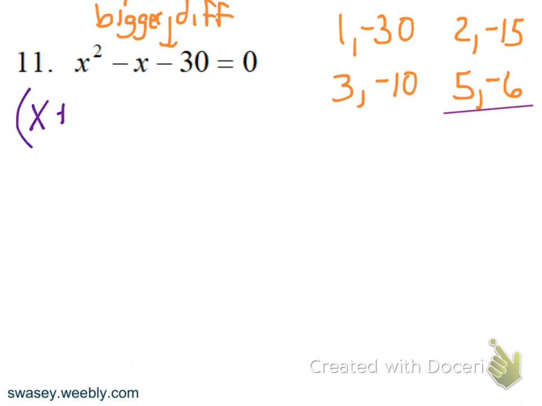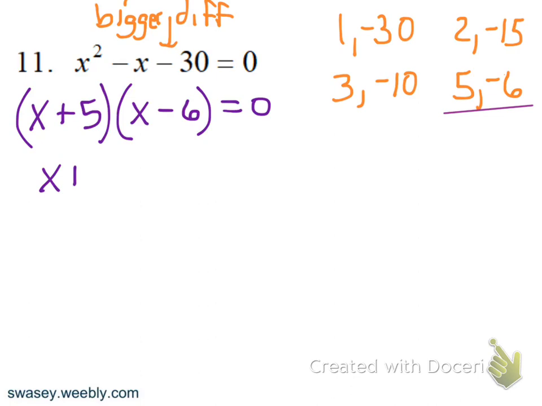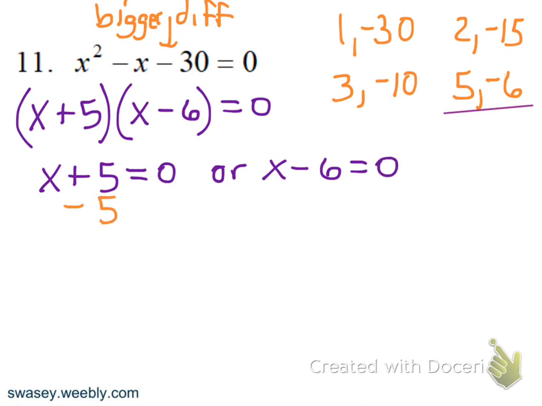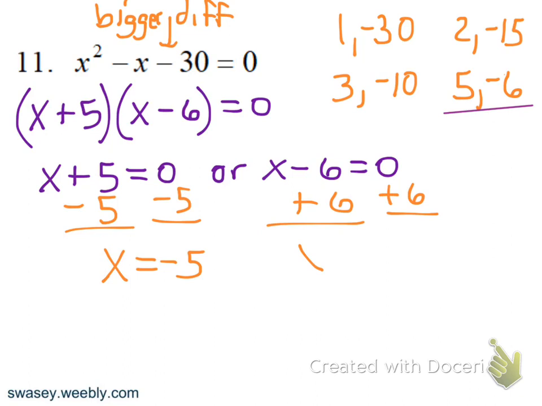So we have x plus 5, x minus 6. Product equal to 0, set each factor equal to 0 and solve. Subtract 5 from each side. Add 6 to each side and you get 6. So two solutions, either negative 5 or 6.